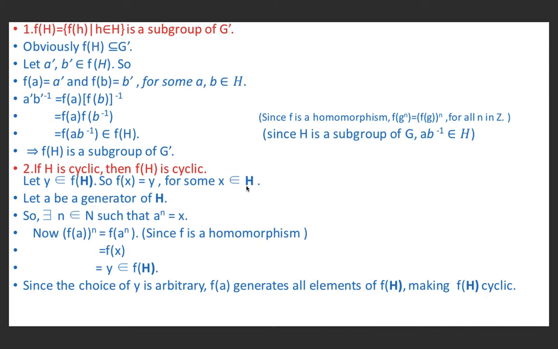Because x is an element of H and H is a cyclic group, if a is the generator of H, then a raised to n is equal to x.